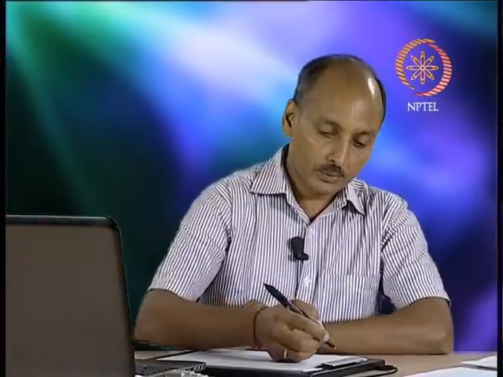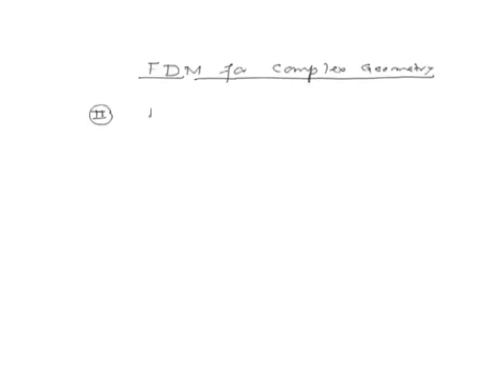There is yet another approach, FDM for complex geometry. Our second approach is based on what we call the immersed boundary method, or in short we use the acronym IBM.